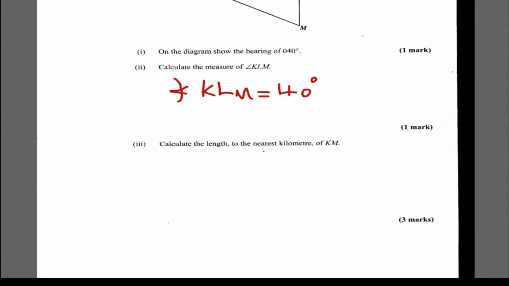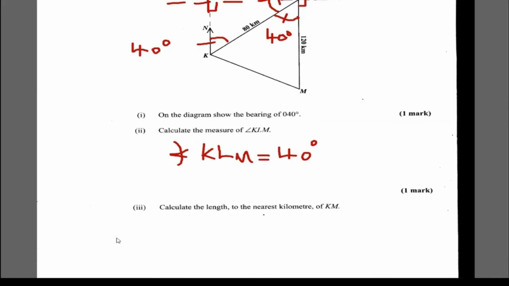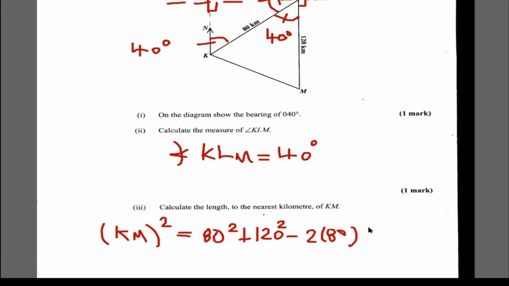The cosine rule tells us that KM squared is equal to 80 squared plus 120 squared minus 2 times 80 times 120 times the cosine of 40. So let's work that out.